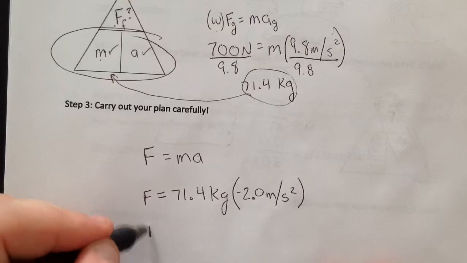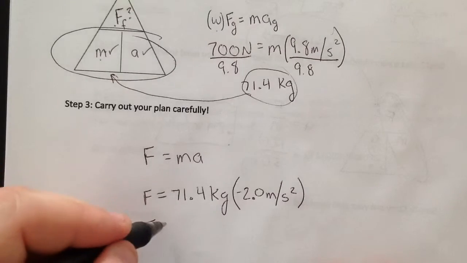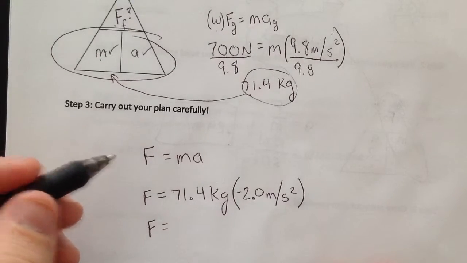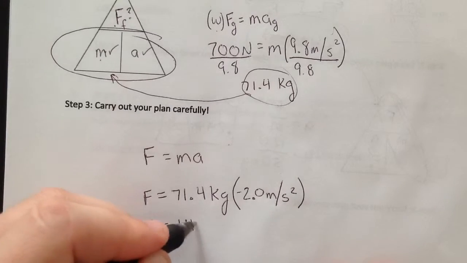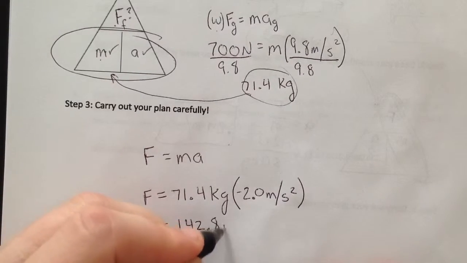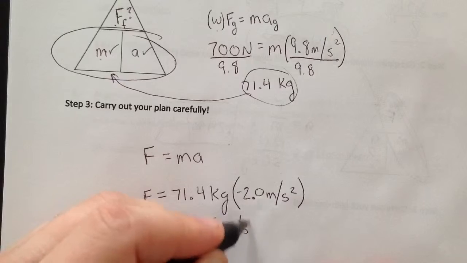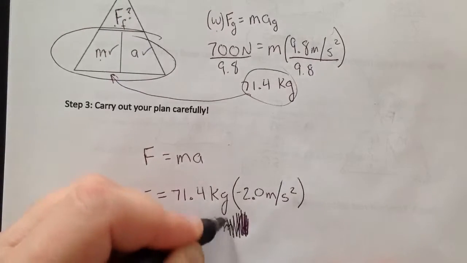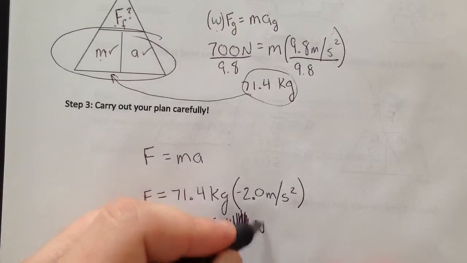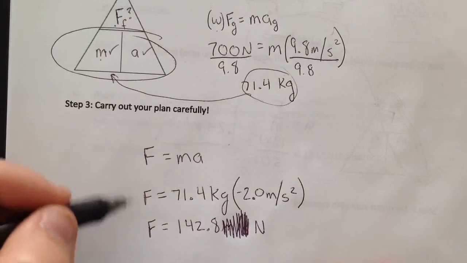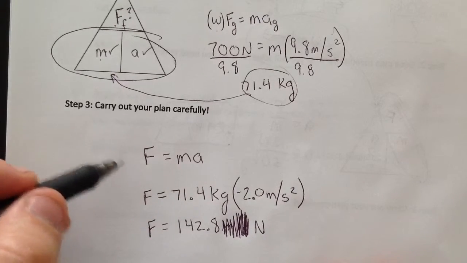And if we calculate that out, the forces acting upon her between her skis and the snow is 142.8 meters per second. Oh, sorry. The force, so it's newtons. 142.8 newtons.